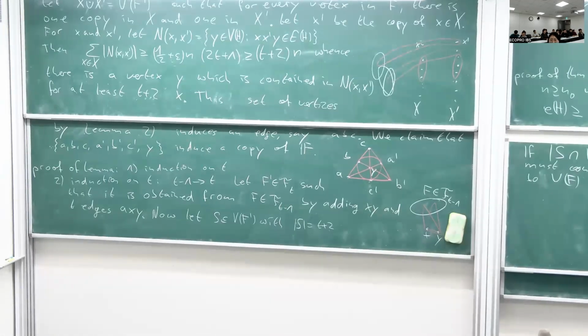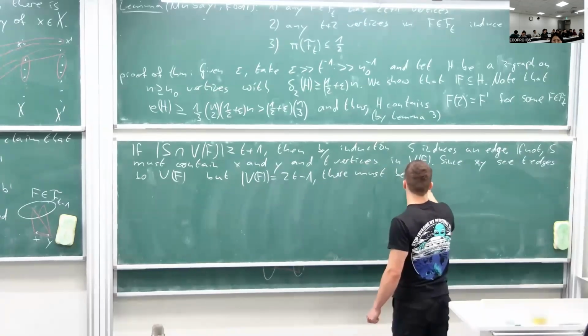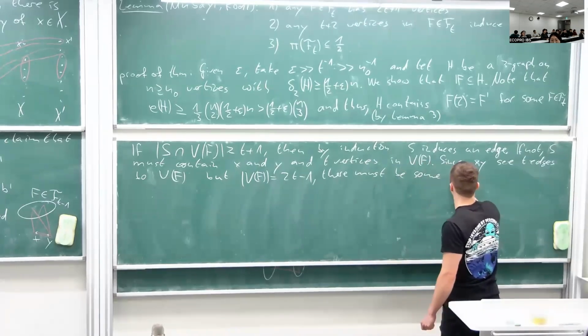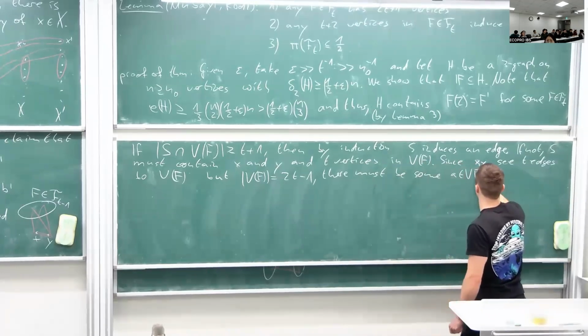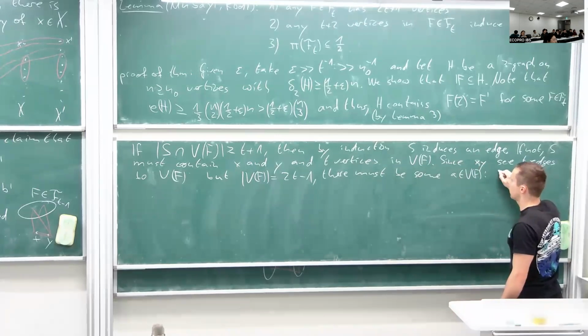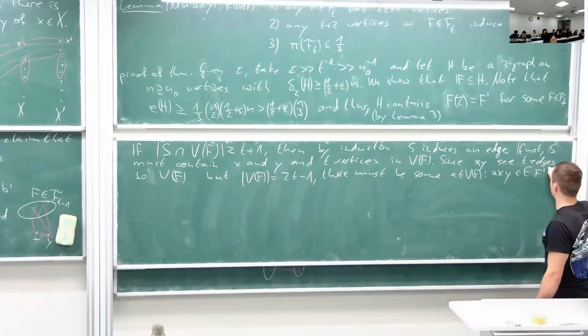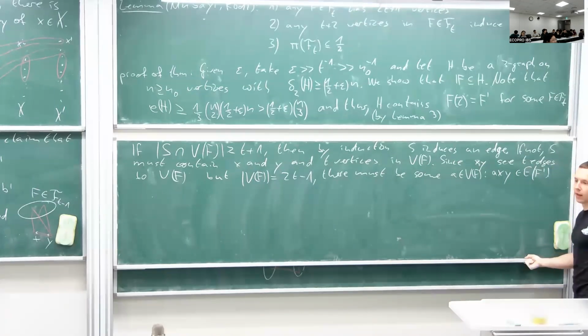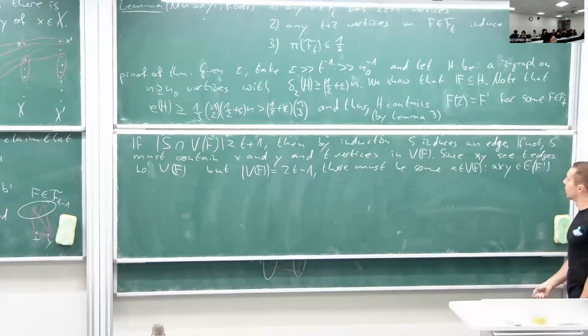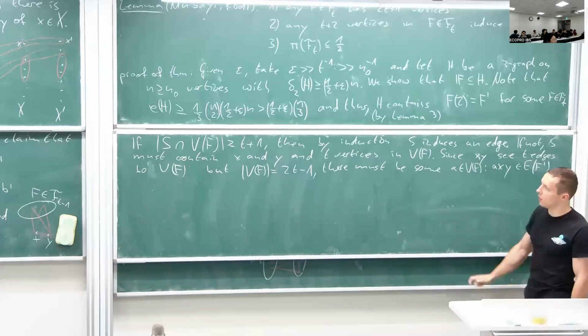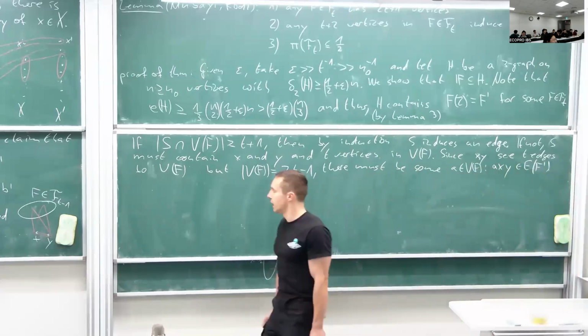There must be some a in V(F) such that a, x1 is an edge in F. Okay, so this gives us the second part.